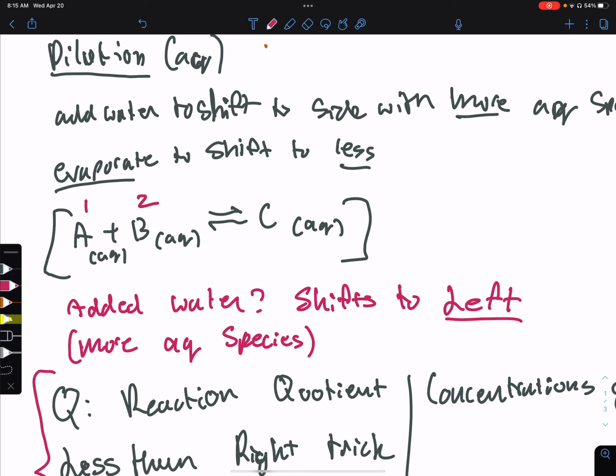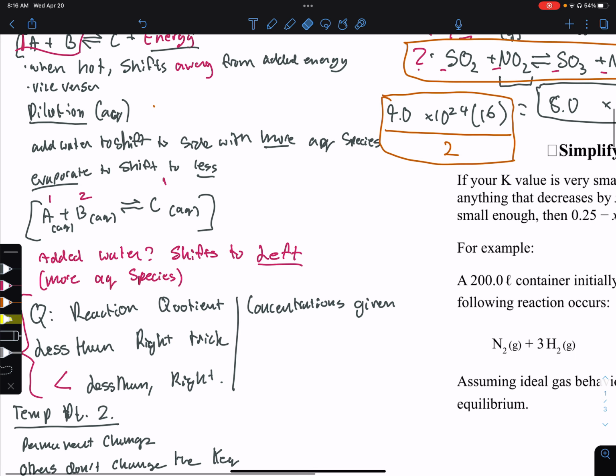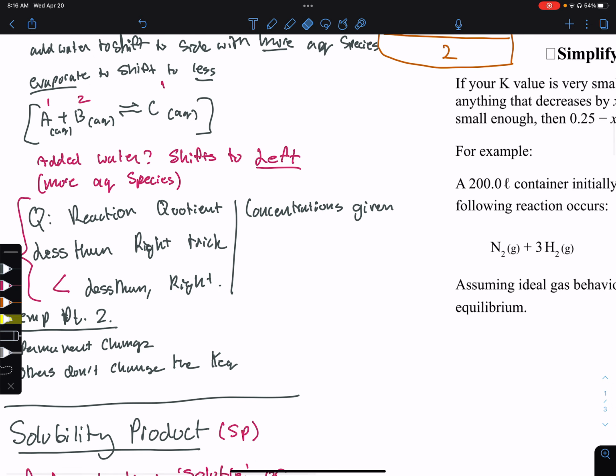There's literally 2 moles here, and there's 1 mole here. So because there's more aqueous species on this side, it's going to make more C species, and that's pretty simple on that front.